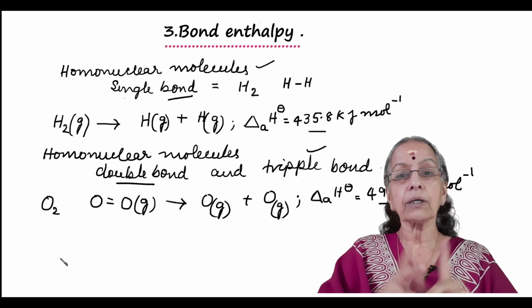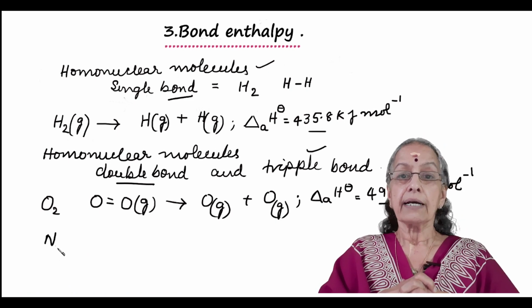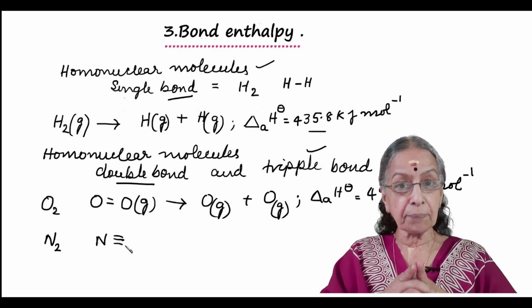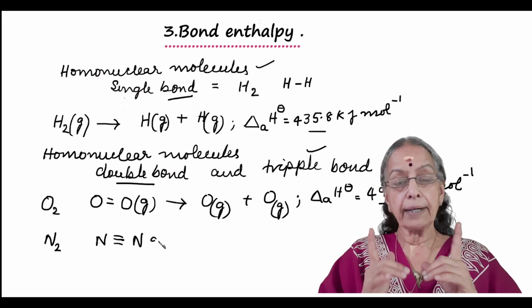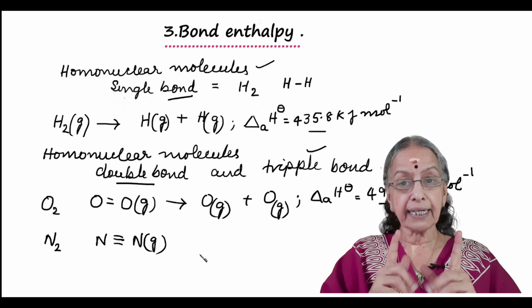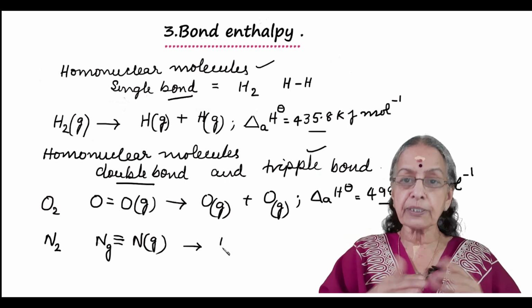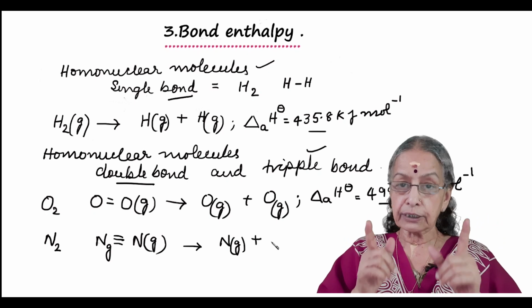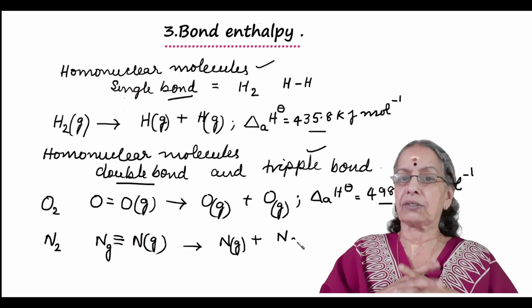Now we will consider homonuclear molecules with triple bond. N2, N triple bond N. 1 mole of nitrogen in the gaseous state absorbs sufficient energy and gets split up into atomic gaseous nitrogen.